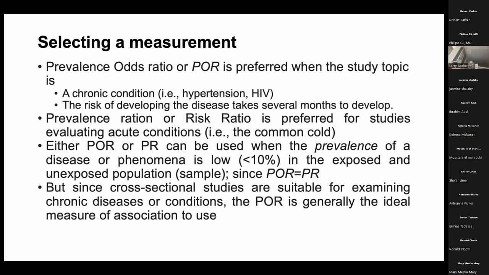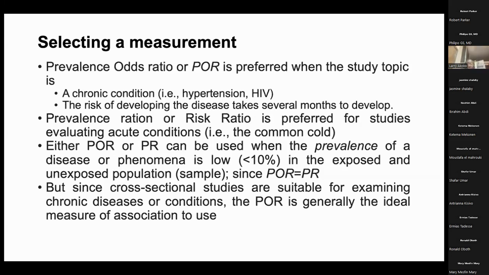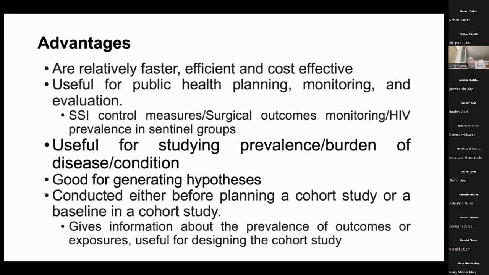So as a general rule, if you don't remember, just calculate the prevalence odds ratio whenever you are doing a cross-sectional study, and don't forget to do the excess prevalence for your study. But if you can remember, always follow whether the disease is chronic or whether the disease takes several months to develop or whether you are dealing with acute condition.